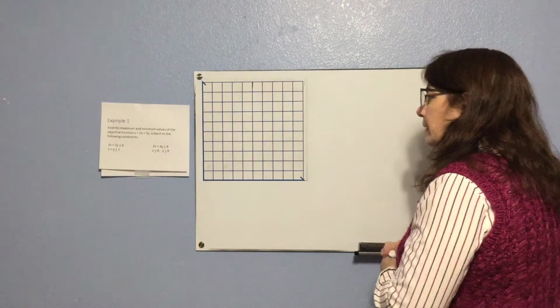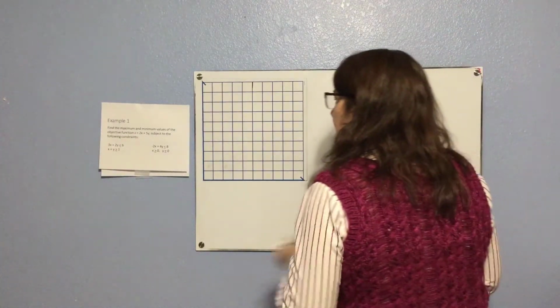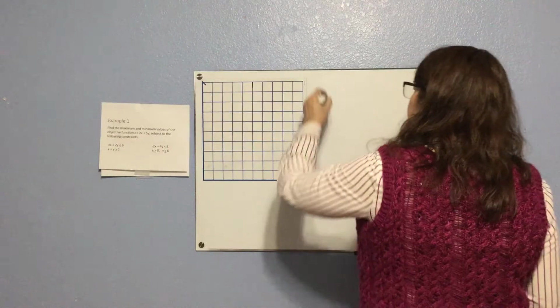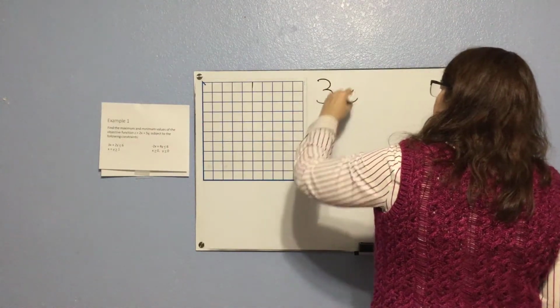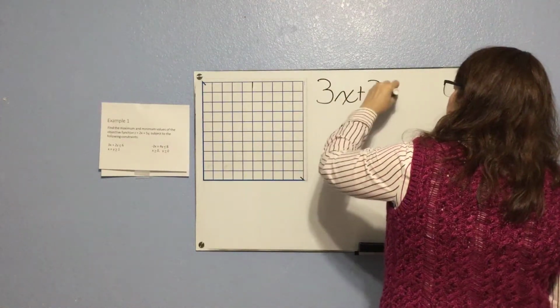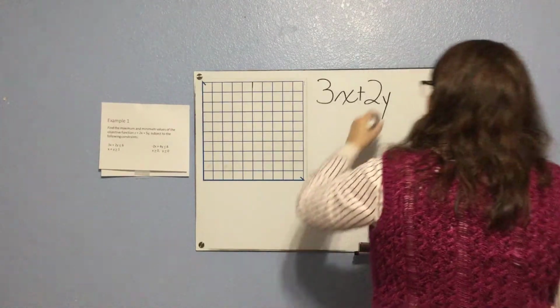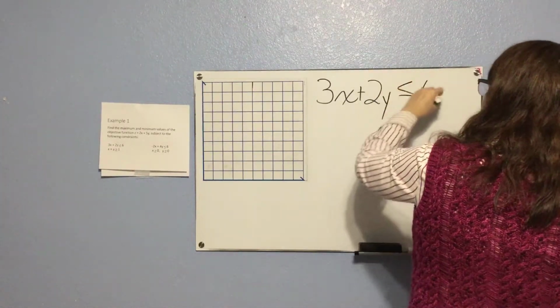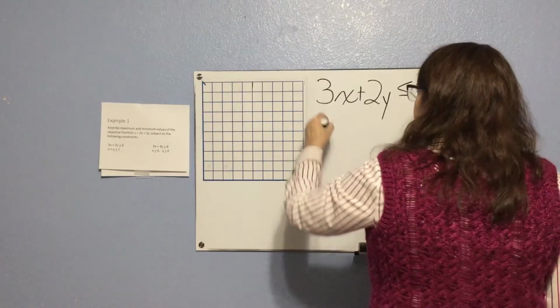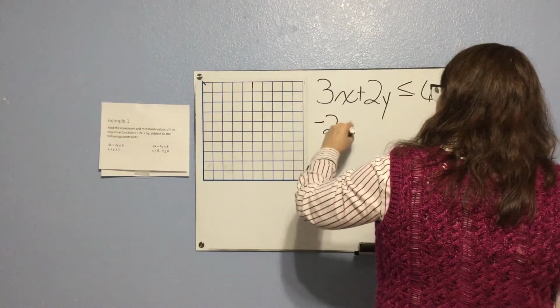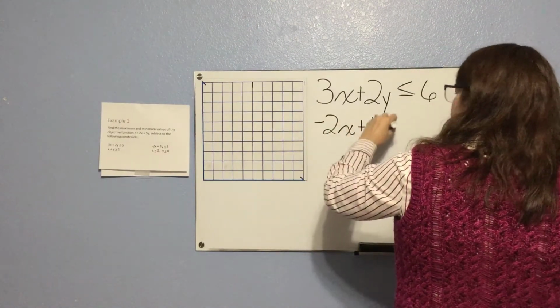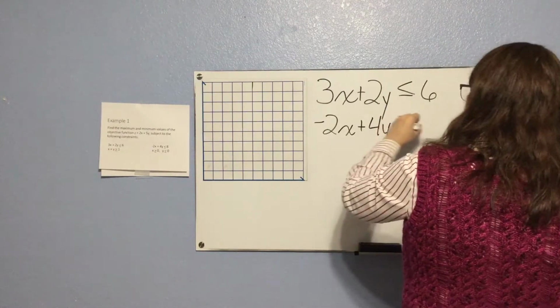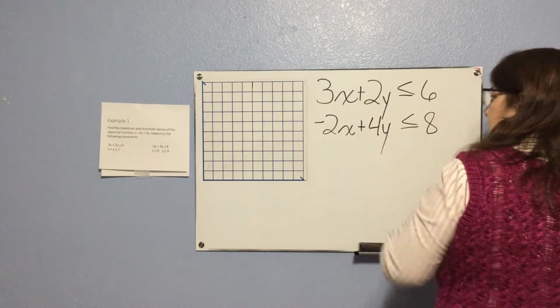I'm going to start with a series of inequalities. 3x plus 2y less than or equal to 6. Negative 2x plus 4y less than or equal to 8.